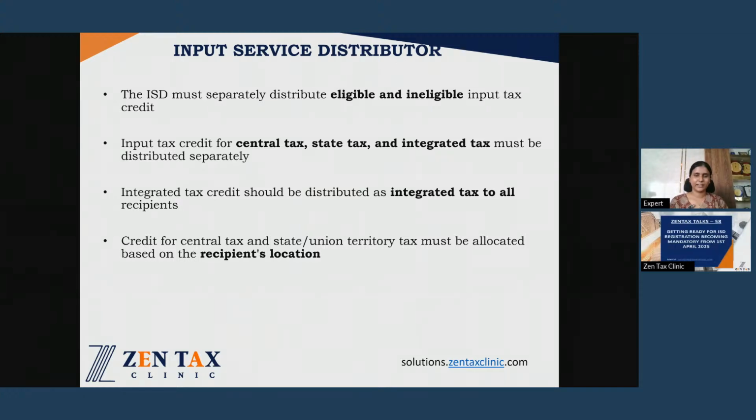In the return itself, they will separately provide the manner of distribution, and the ITC should be separately distributed. Integrated tax credit should be distributed as integrated tax to all recipients. The credit for central tax and the state or union territory tax must be allocated based on the recipient's location.